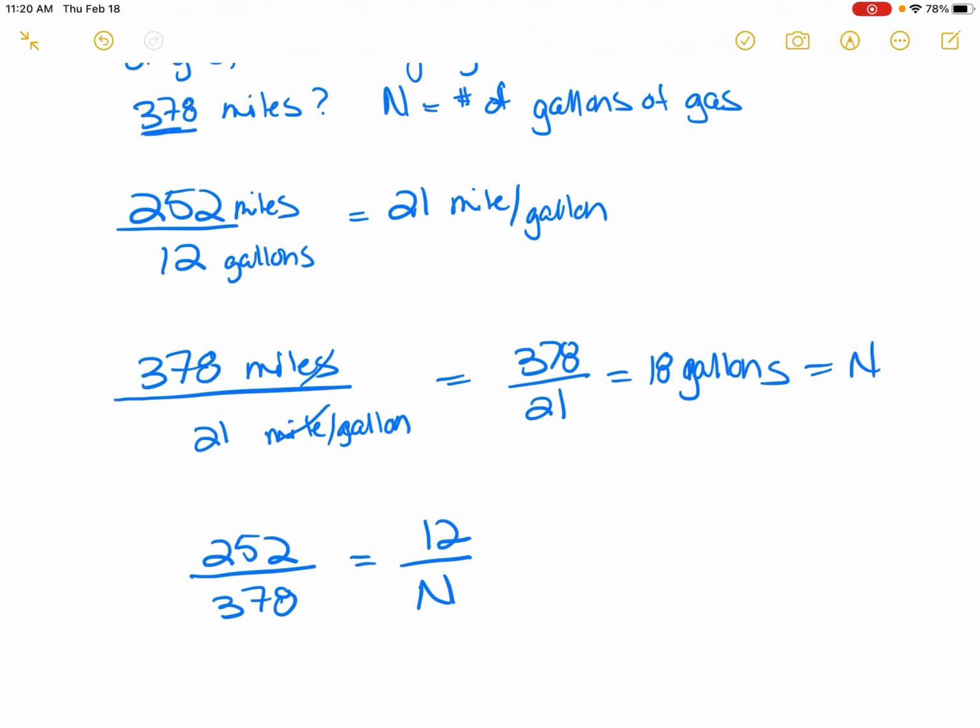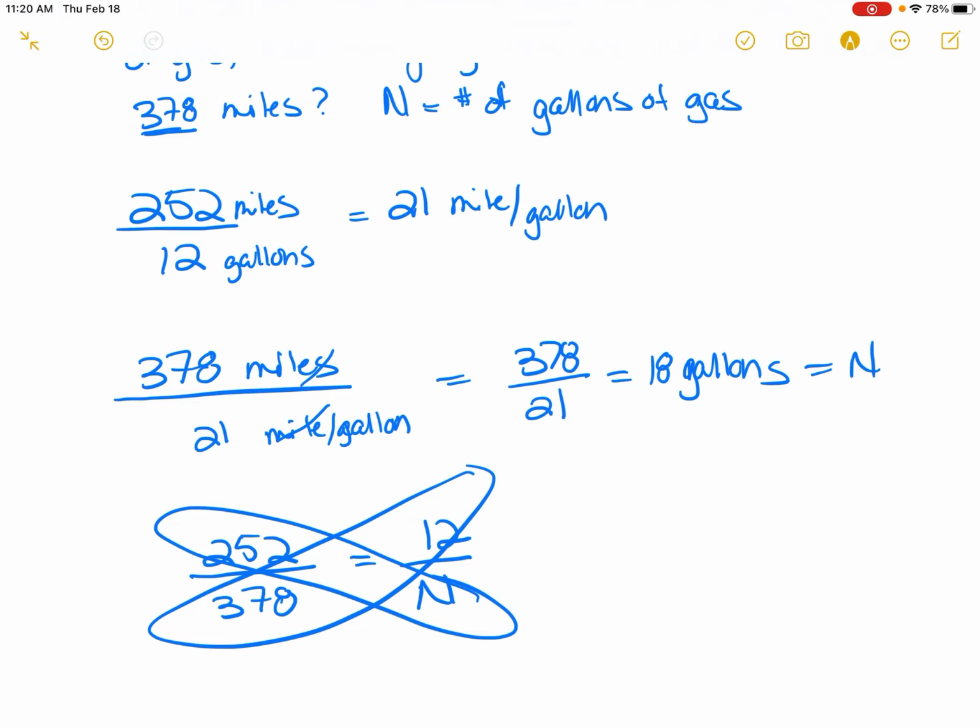And then we would solve these using cross products. And that would be 252n is equal to 12 times 378, right?